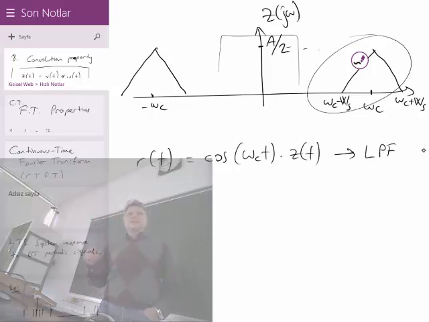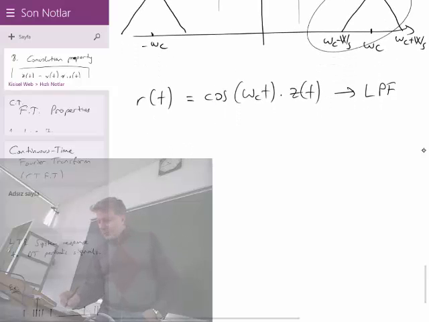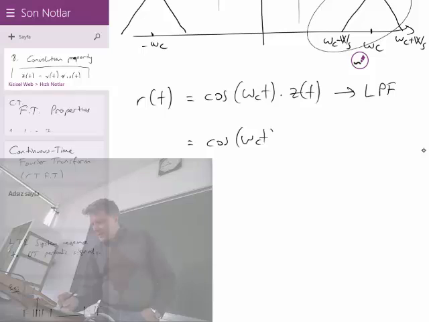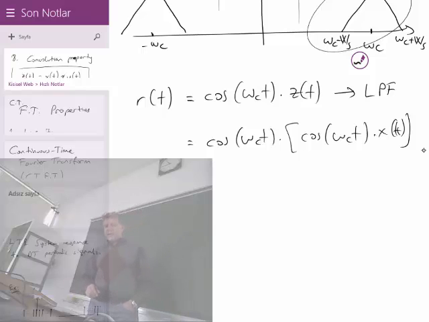Can we see it in time domain? That is equal to cosine omega ct times z of t, which is already cosine omega ct times x of t, isn't it? Cosine theta times cosine theta, what is the expansion of that?